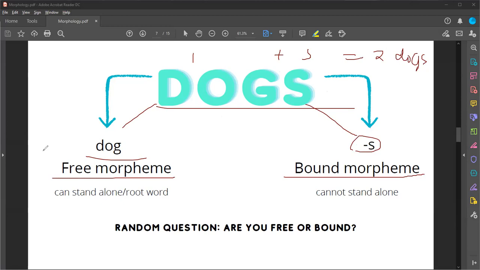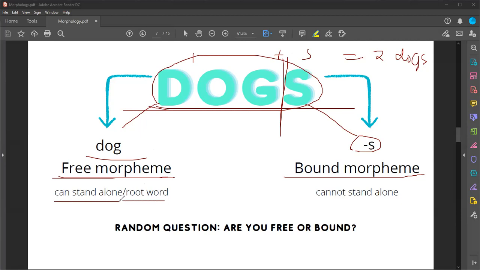Sir, what is free morpheme? When we talk about free morpheme, class, in linguistics, free morpheme is a morpheme or a word that can stand alone and has its own meaning. This is also called a root word or the basic word. So in here, the root word we have is dog. And this is a free morpheme because it can stand alone.